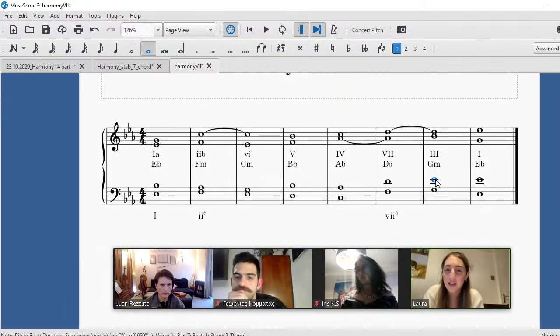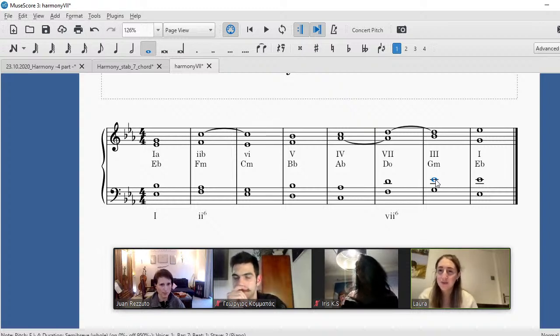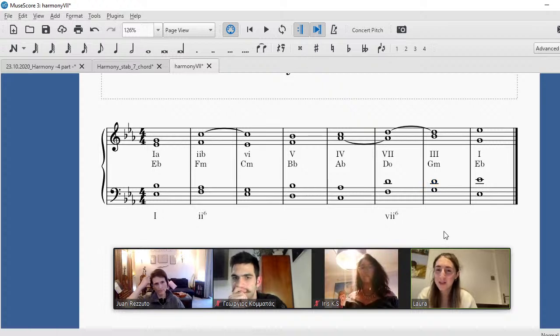Change the E flat to a different note. That might be it. Or I want to say a D. Okay. But that's not right. So the B flat. Why is it not right? Because you don't double the fifth, right?